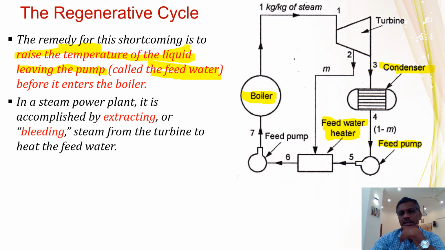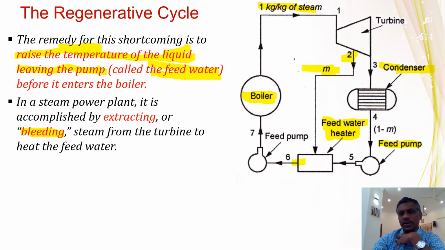So how it is done is we are bleeding. Bleeding means taking a small portion. In reheat, we take the entire steam to be heated again. Here we take a small portion. For example, if 1 kg of steam is coming here, we take around m kg. m kg may be around 20%, maybe 200 grams of steam is bled, taken from the turbine, and that is used to heat the feed water.